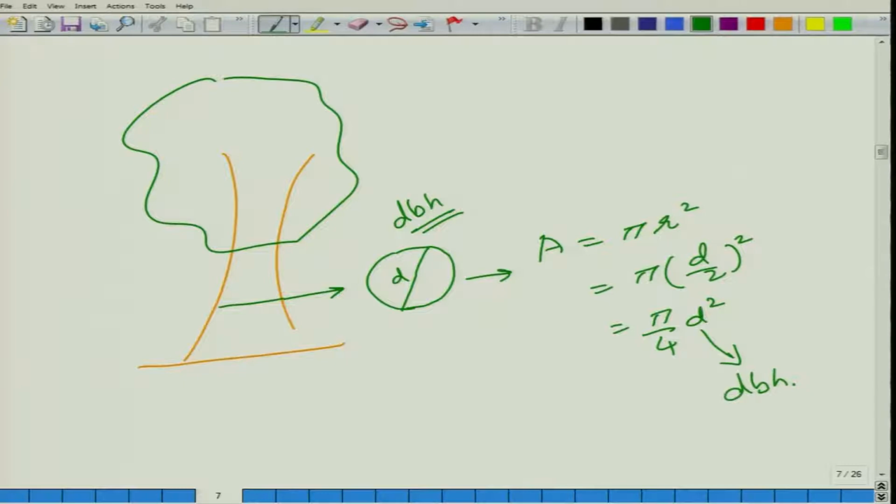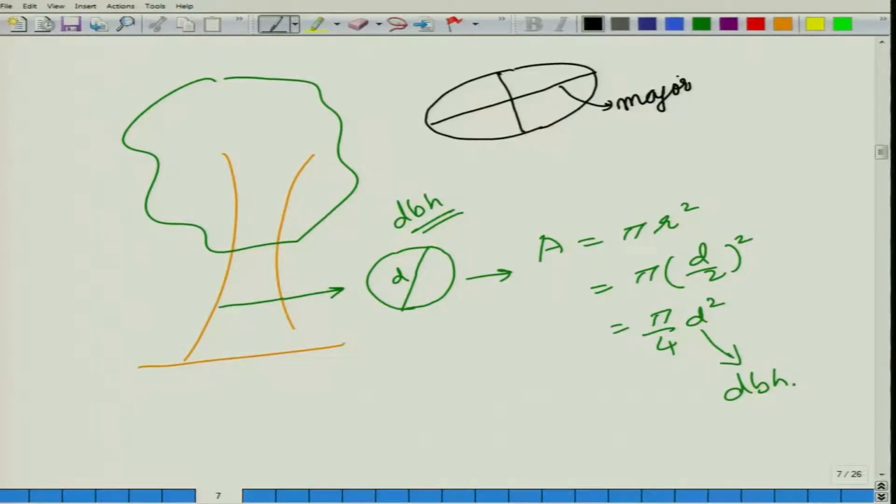Now, suppose we consider our cross sectional area to be elliptical. As you remember, in the case of an ellipse, we defined two axes. The major axis is represented by 2a, and this is the minor axis, which we define to be 2b.